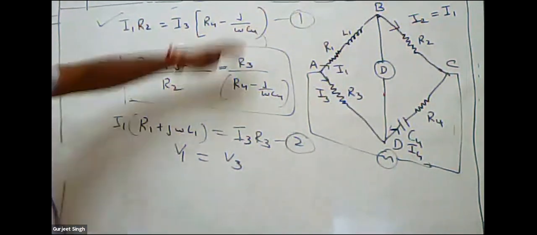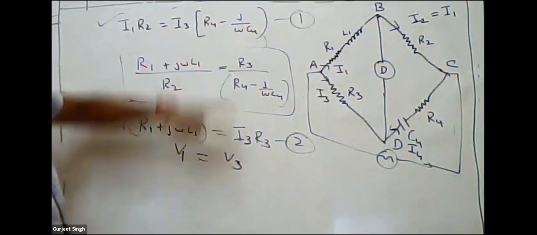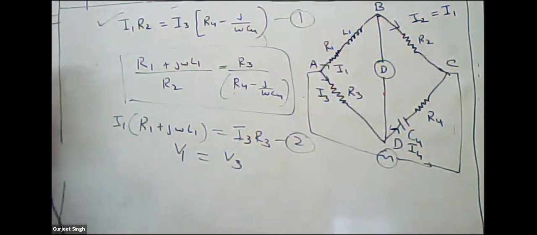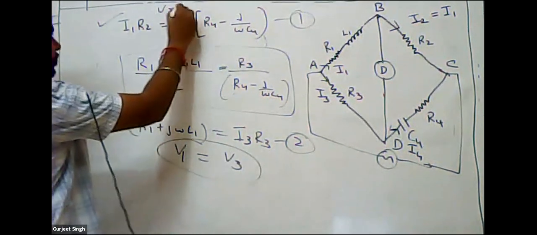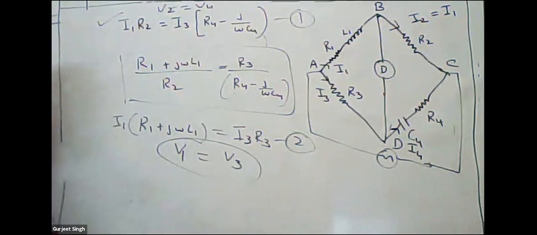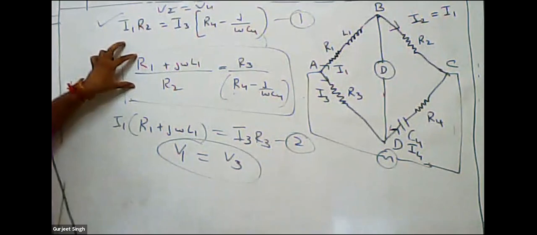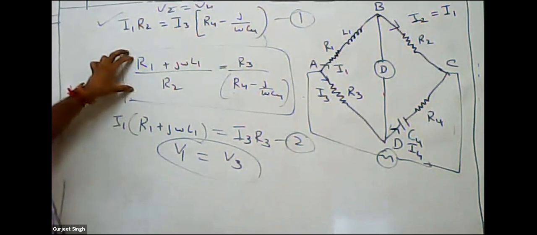When we are dividing the second equation by the first equation, we get this equation. This is V1 is equal to V3, this is V2 is equal to V4. So when we are equalizing these voltages, we get this result.